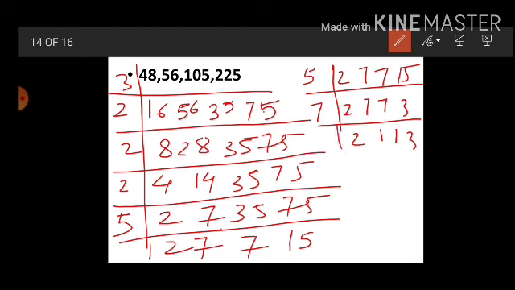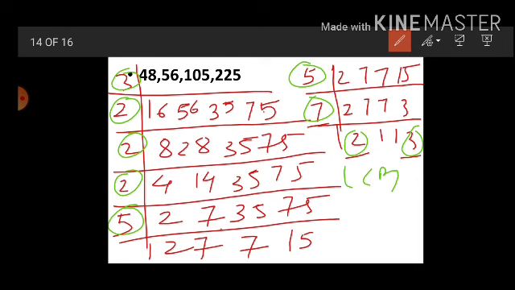Now we can multiply all these prime numbers, that's all the prime factors we multiply. These are the common factors, and then we take out the LCM.